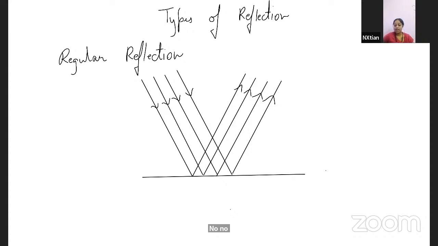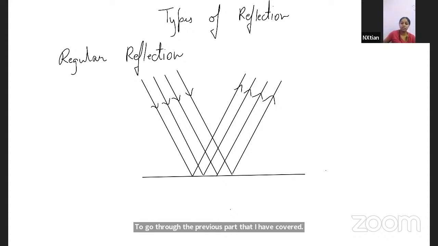All right. So I'm teaching reflection right now, and I'm doing the two types of it, that is regular reflection and diffuse reflection. This is regular reflection. You can go through the whole thing, I'll be sharing the link of this class, so go through the previous part that I have covered. Also, Abraham, I'll be sharing the notes of this reflection topic, more detailed and good notes.